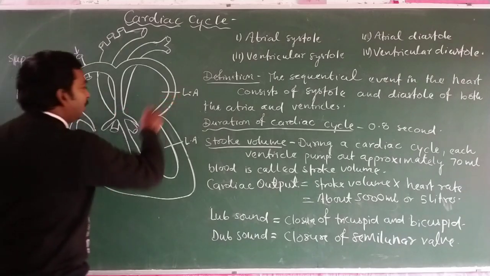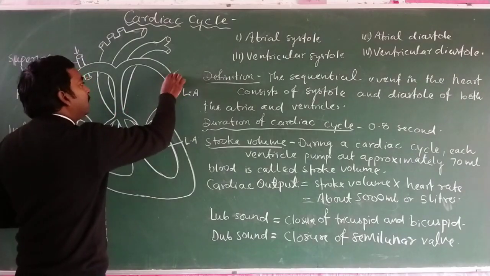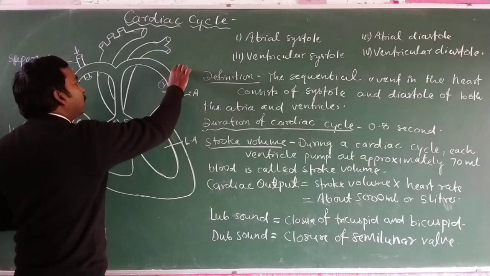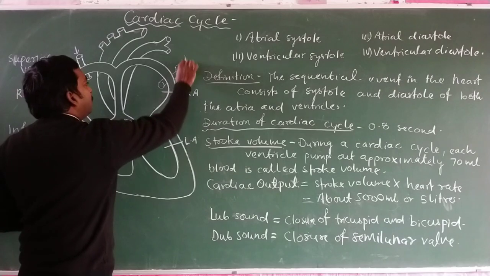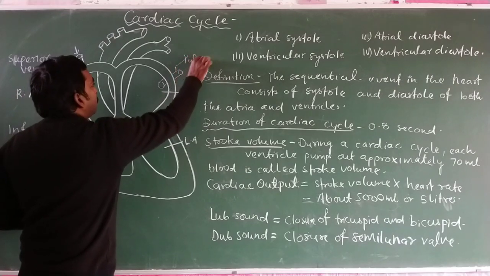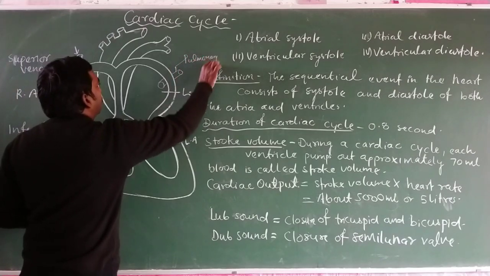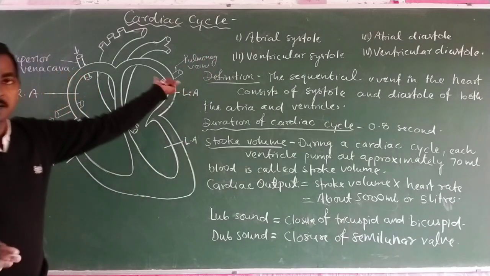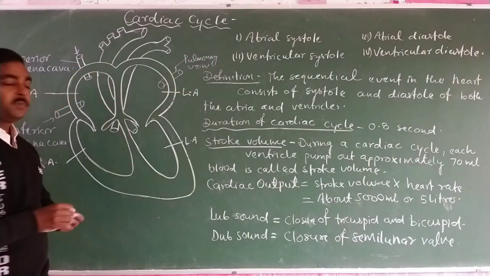In the left atrium, the blood is collected from the pulmonary vein.